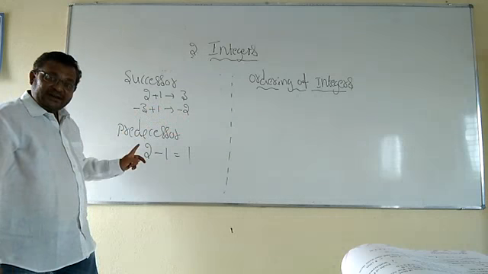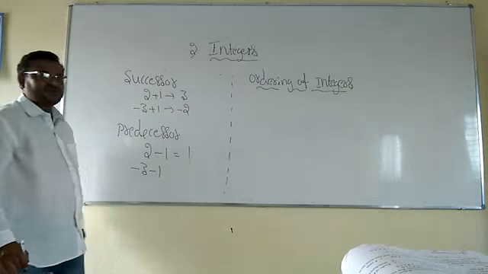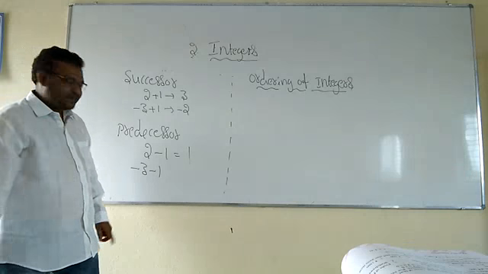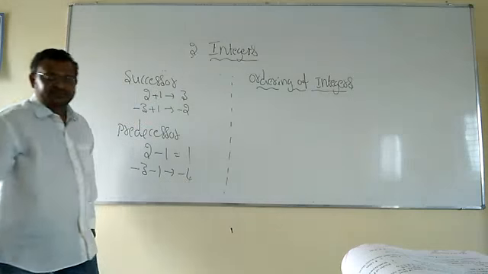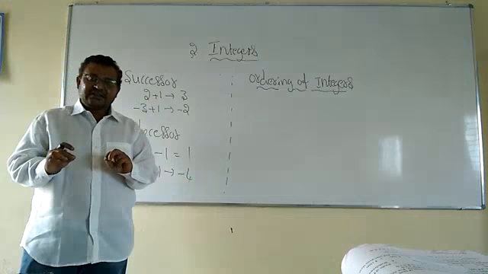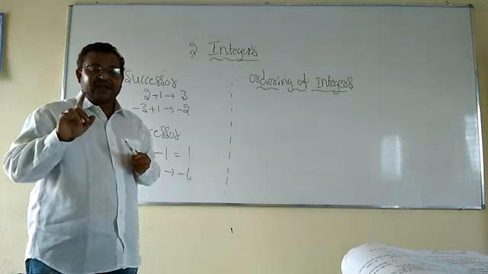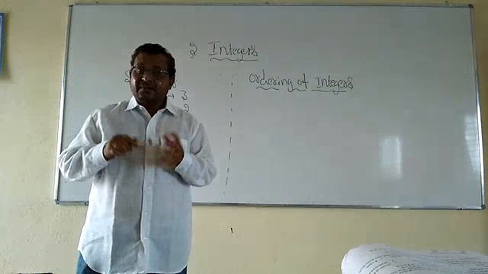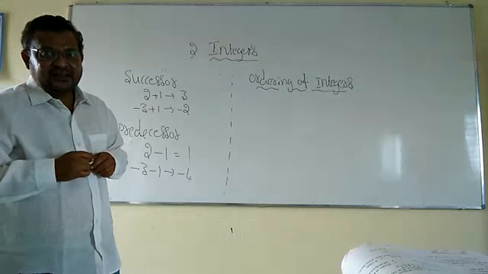And the predecessor of -3: predecessor means we have to subtract 1. So -3 minus 1 gives us -4. So like that, if we want to find the successor of a given integer, we have to add 1 to the given integer. To find the predecessor, we have to subtract 1 from the given integer.